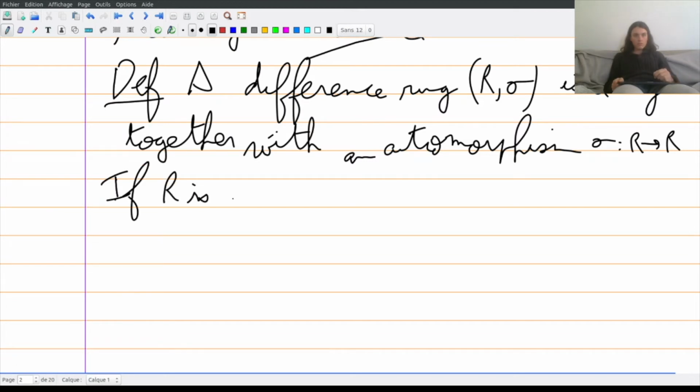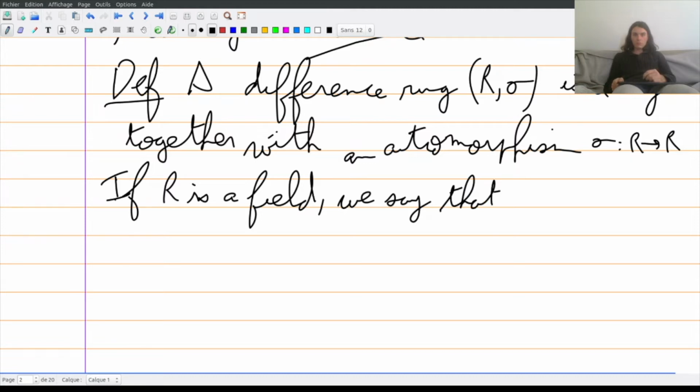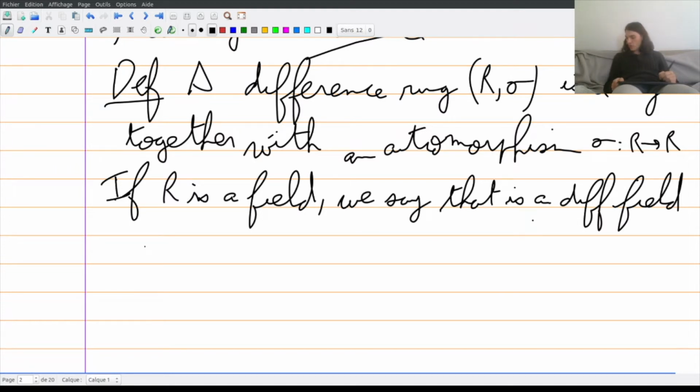If R is a field, we say that it's a difference field. And of course, if R is an algebra, we say that it's a difference algebra, etc. So difference just means that you add a structure.